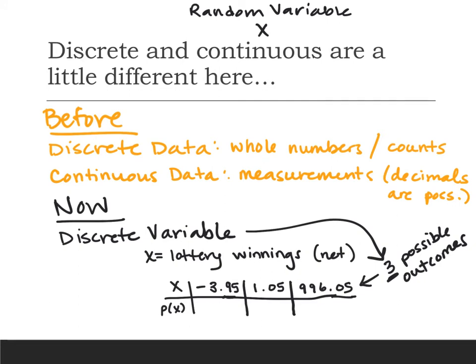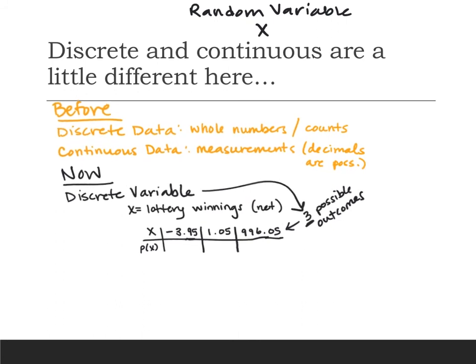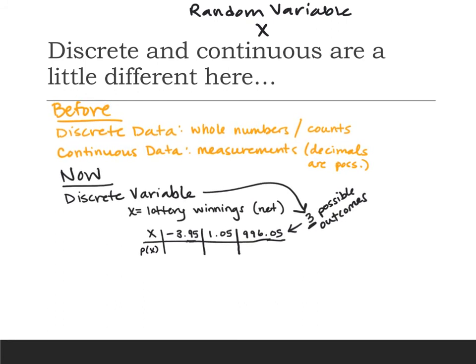Now, that said, so let's see here. Let me see if I can make this so I can fit one more thing. So I'm going to make it a little bit smaller so that I can write continuous. A continuous random variable, on the other hand, has an infinite number of possible values for the x. So let's say I let x equal the height of a basketball player.